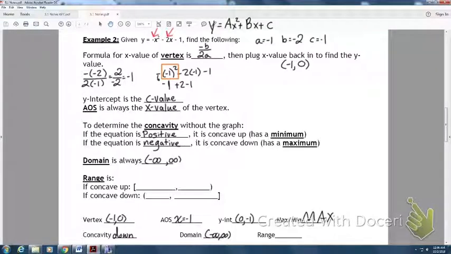To write the range of one of these, if it is concave up, which means that a value is positive, it is going to go from the y value of your vertex up to infinity.